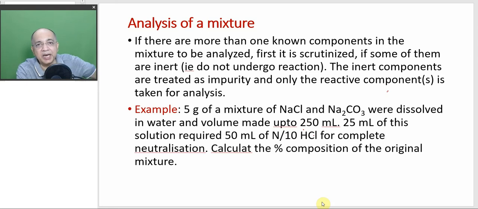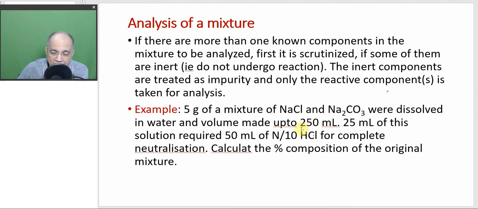Here there is a name that has been mentioned to put you in confusion: if that reacts, what happens? So you have to first finalize whether both the reactants are active or one of them is inert and the other one is active. Let's take this example. 0.5 gram of a mixture of sodium chloride and sodium carbonate were dissolved in water and volume made up to 250 ml.